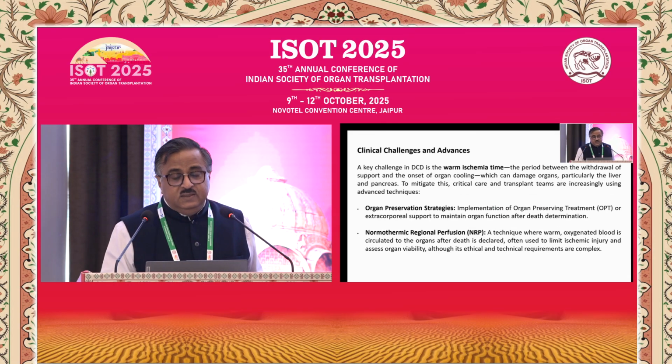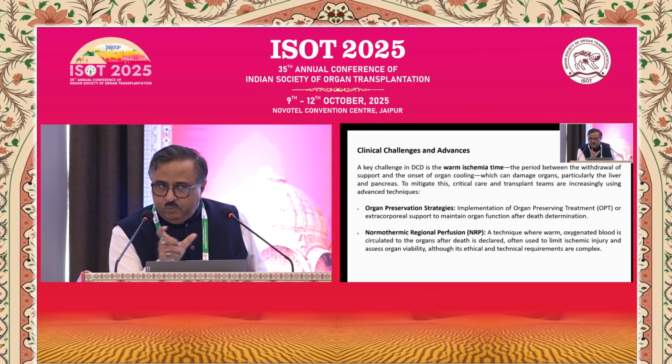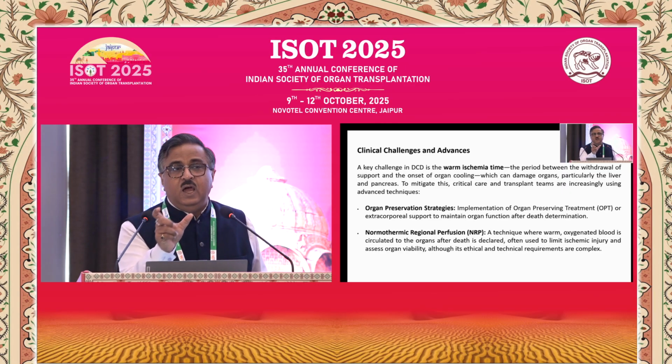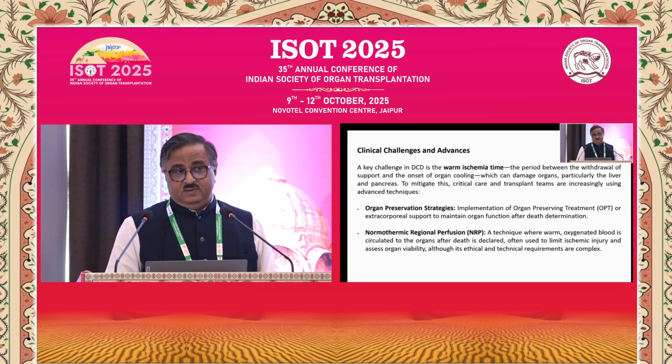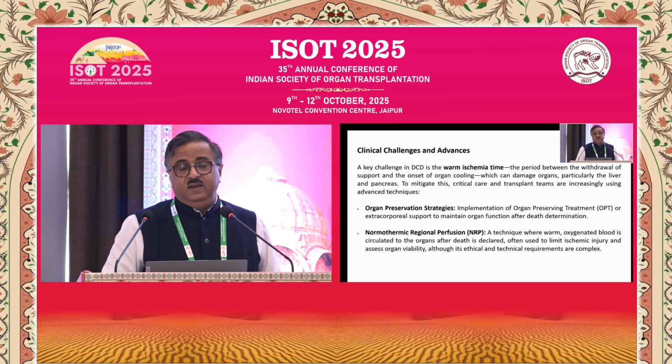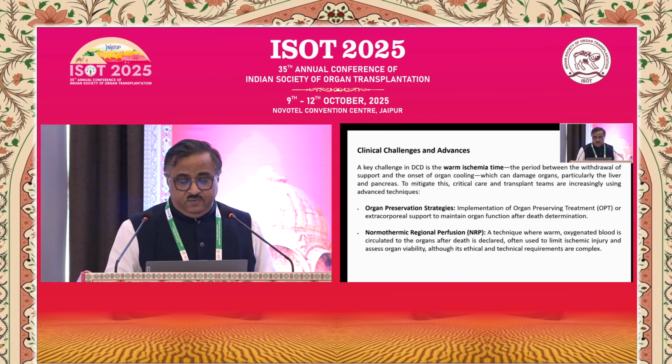And clinical challenges, warm ischemia time, as I said, because this is very important, that 5 minutes which you are allowing, that there is no activity for the patient, and immediately you have to insert cannulas and other things to reperfuse the organs. So that is again a very tricky situation. You have to do things very fast.